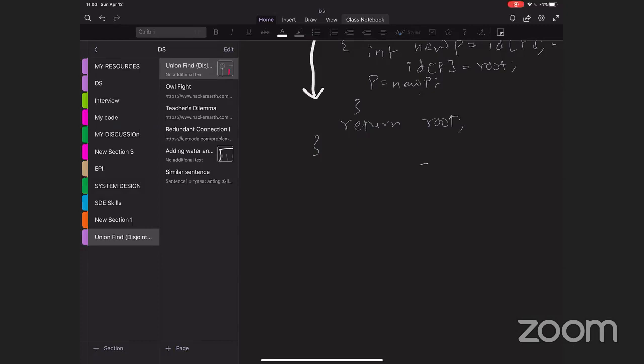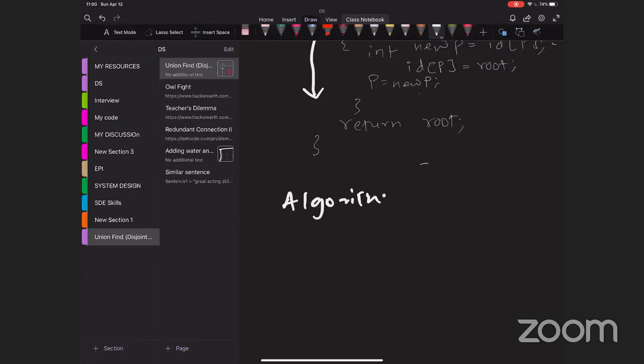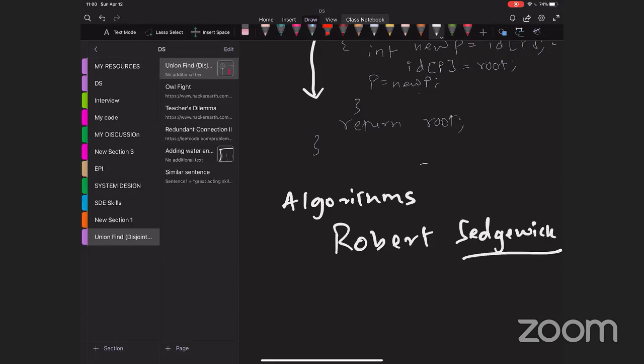Even the book that I refer to, Algorithms by Robert Sedgewick, says that the proof of that is out of scope of the book. Not Thomas Cormen, the book I am referring to is Algorithms by Robert Sedgewick.